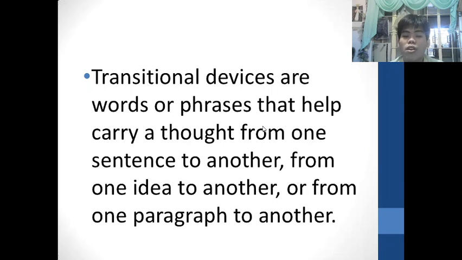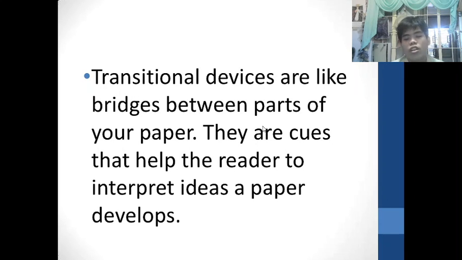Transitional devices are words or phrases that help carry a thought from one sentence to another, from one idea to another, or from one paragraph to another. So, using this definition, transitional devices are those words that help you connect each sentence, each paragraph to the next paragraph in a way that they seem connected, that they seem related to one another.